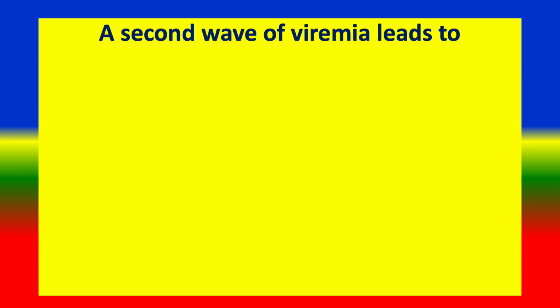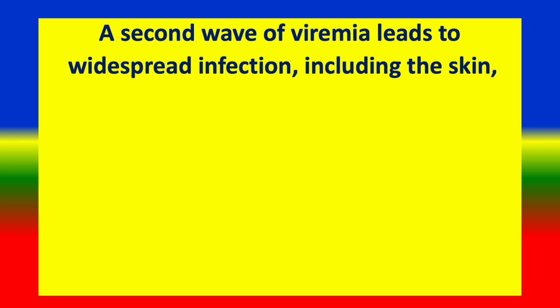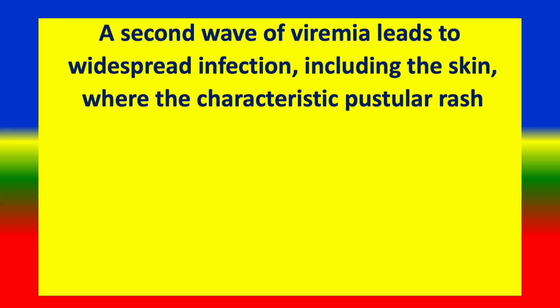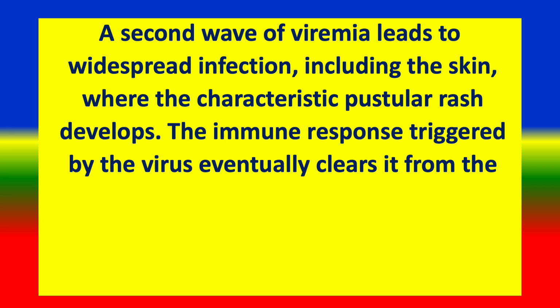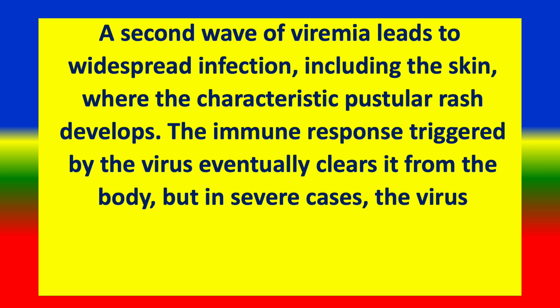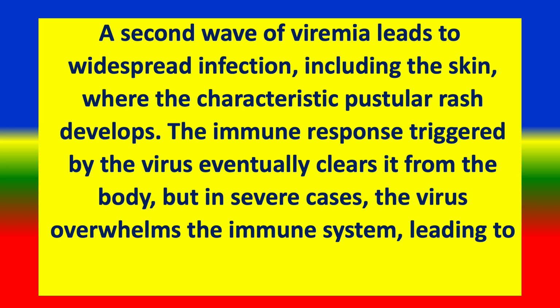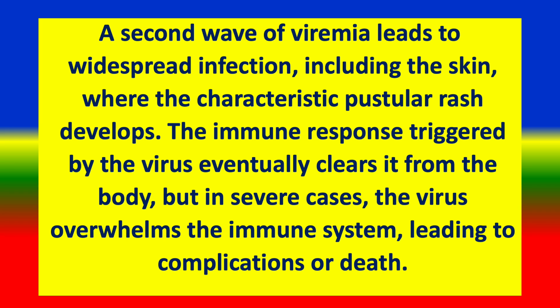A second wave of viremia leads to widespread infection, including the skin, where the characteristic pustular rash develops. The immune response, triggered by the virus, eventually clears it from the body. But in severe cases, the virus overwhelms the immune system, leading to complications or death.